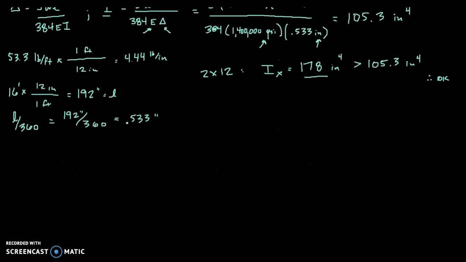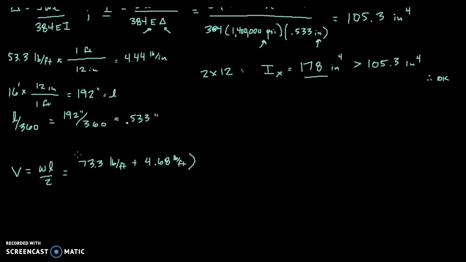So let's check shear. We have, again, a simply supported beam with a uniformly distributed load. So the actual maximum amount of shear that this beam is going to experience is WL over 2. So our total W is 73.3 pounds per foot, plus the self-weight of the 2 by 12, which we chose, which has a weight of 4.68 pounds per foot.